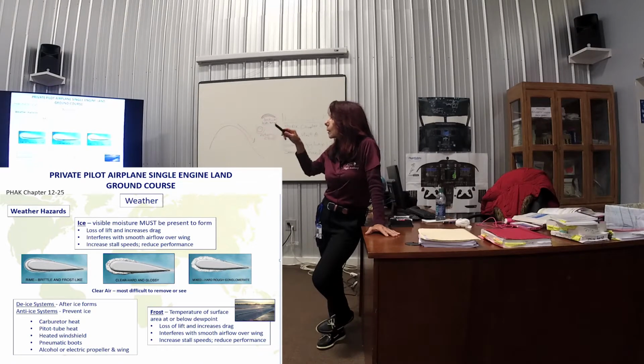You are having a loss of lift, which increases drag. You're interfering with the smooth airflow over that wing. You're not changing the aerodynamics of it. You're increasing your stall speed, which is also going to reduce your performance. You can see some eyebrows going, what? To change the aerodynamics of your wing, you physically have to change it.